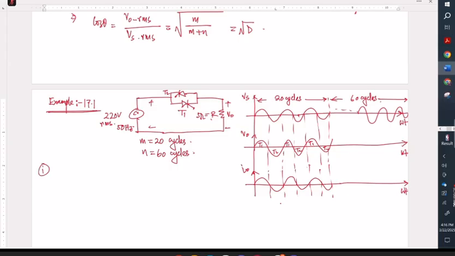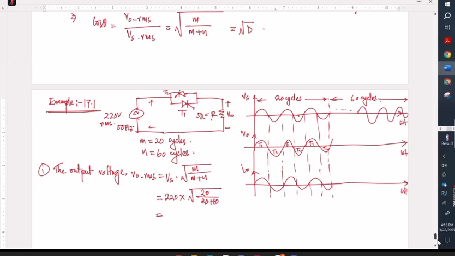First, you have to calculate the output voltage, V naught RMS. So what should be the V naught RMS then? It should be Vs multiplied by m over m plus n, right? So what should be your V? 220 multiplied by, what is your m? 20 divided by 20 plus 60. So what should be your RMS value?